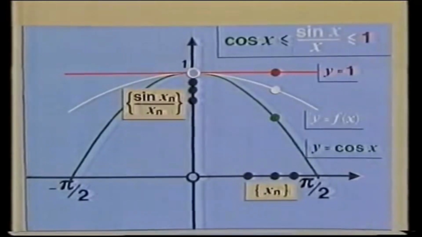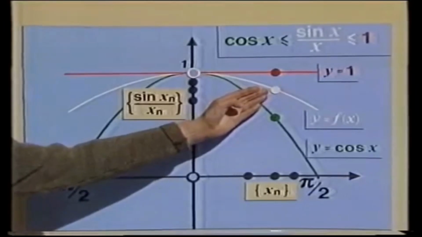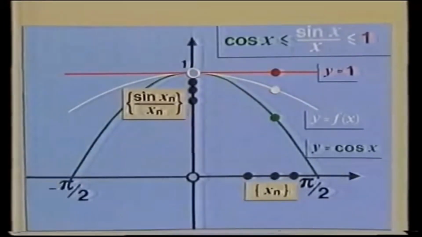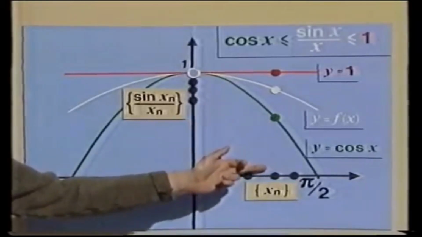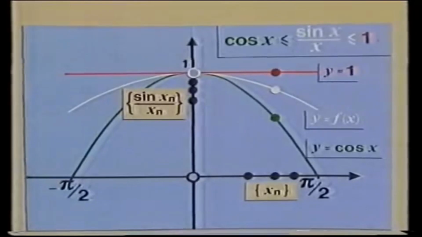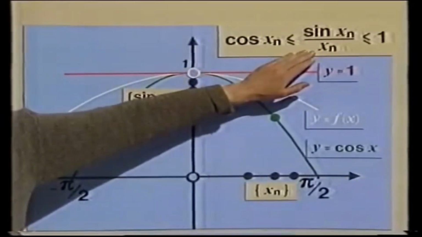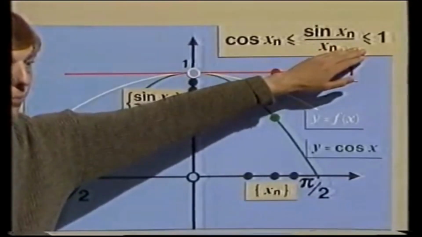Here's a typical term of the sequence xn. And the corresponding height is sine xn over xn. But you can see that that lies above cos xn and below 1. In other words, cos xn is less than or equal to sine xn over xn, which is less than or equal to 1.